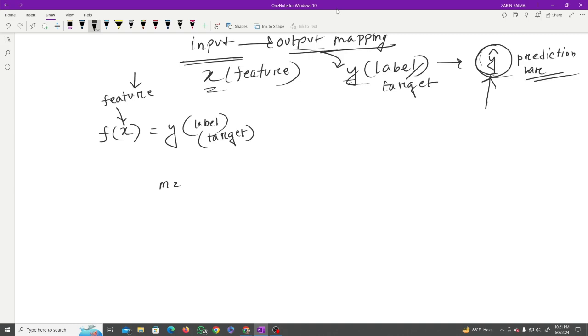Number of training examples: we usually get our data set and we divide it into a ratio. We keep 80% of data for training and 20% of data for testing.